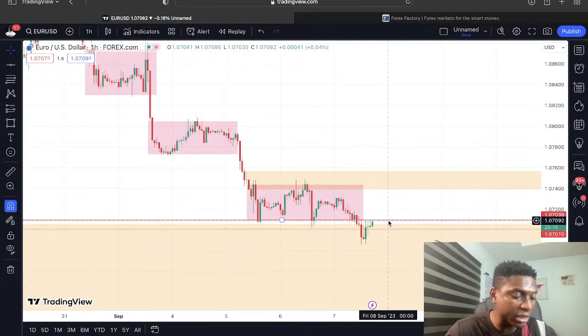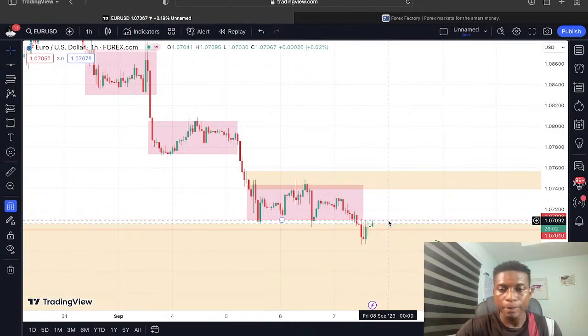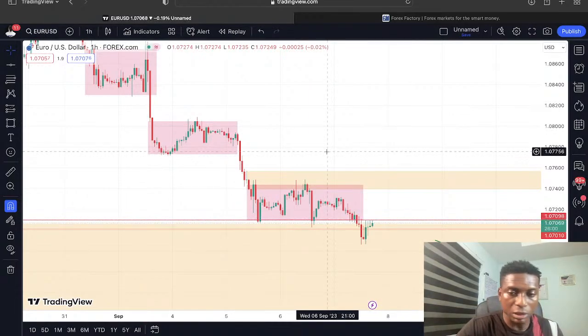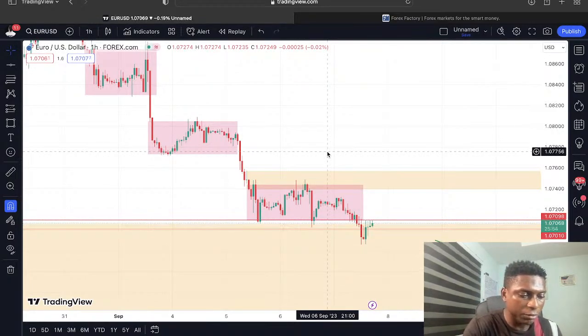And a sell limit is an order given by the trader to the broker to sell at a price above the current market price. So I believe you've gotten that. So we would be selling off the Euro USD.